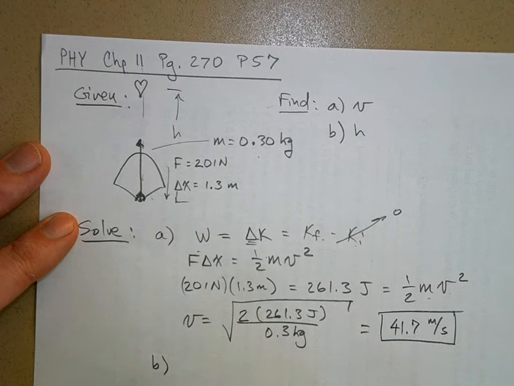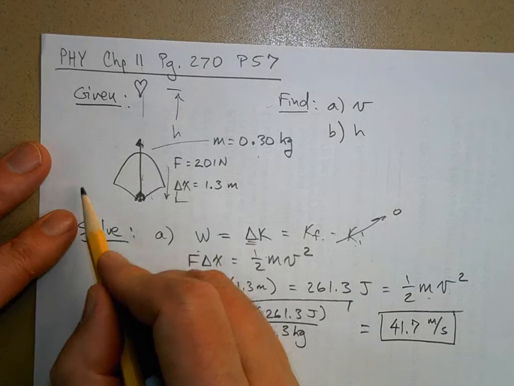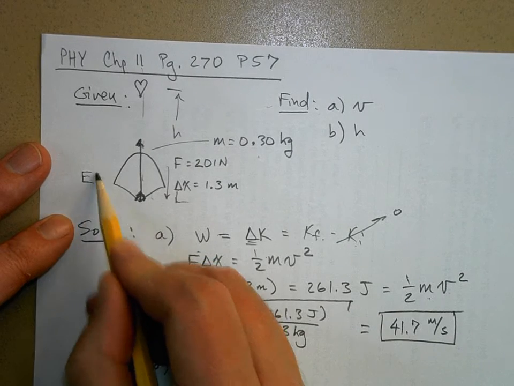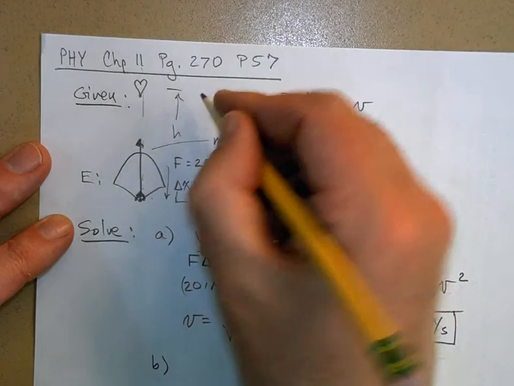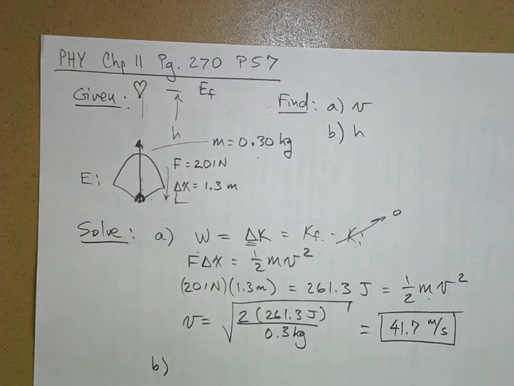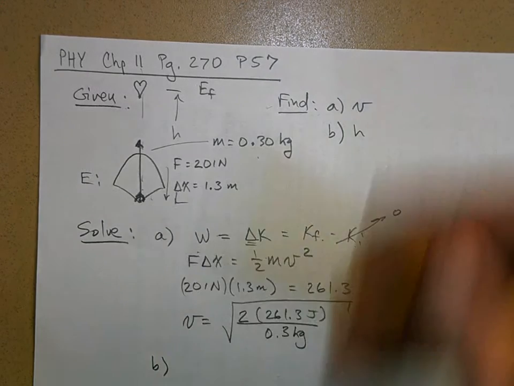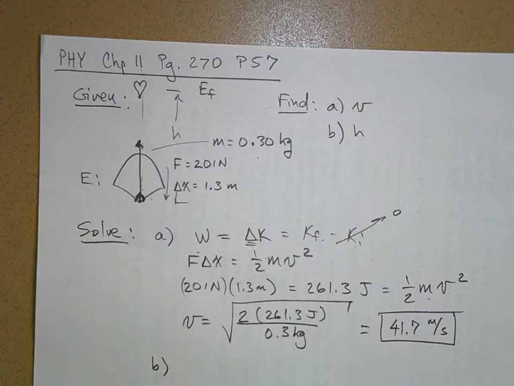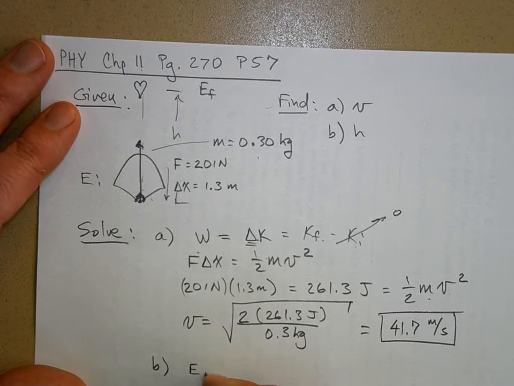And then for part B, well, look, the initial energy contained by the arrow is equal to the final energy. The only force doing work here, once the arrow is fired, is the force of gravity. And when the force of gravity does work on the arrow, it's slowing it down. It's taking its kinetic energy away and making it gravitational potential energy. So we can say that E initial equals E final.